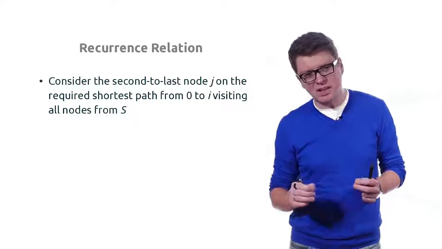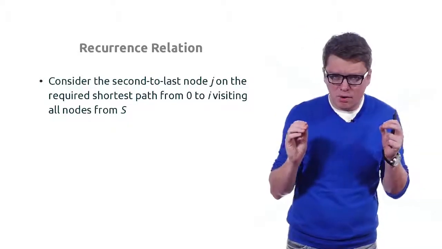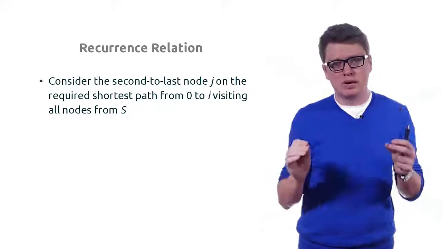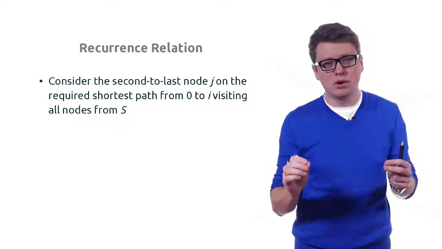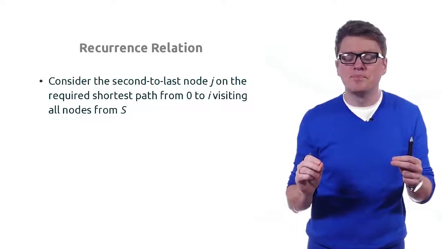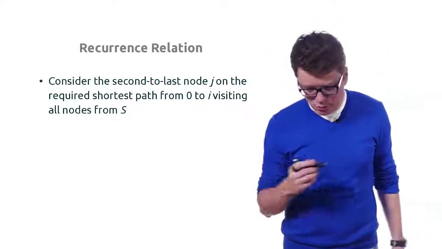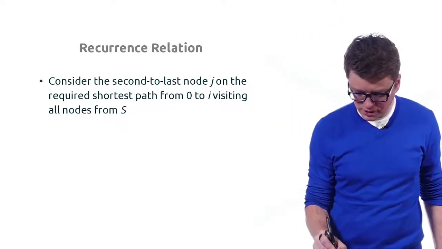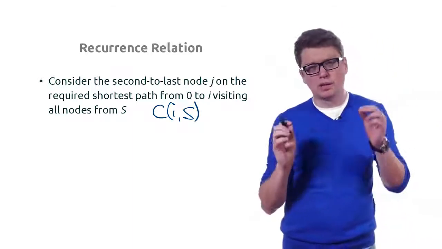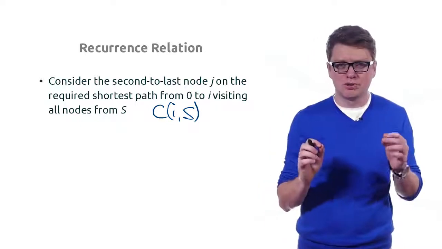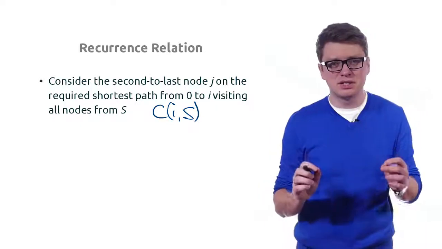Okay. Now, probably the most important part of any dynamic programming solution is a recurrence relation for subproblems. So remember what we need to find. We need to compute C of (i, S). Now what we would like to do is to write the so-called recurrence relation for the function C of (i, S).